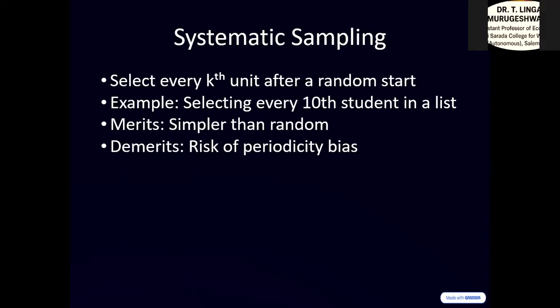Next is systematic sampling. Here we select every kth unit from a list after choosing a random starting point. For example, starting at the 5th name on a list and then selecting every 10th name. It's efficient and easy to implement, but it can introduce bias if there is a hidden pattern in the data.